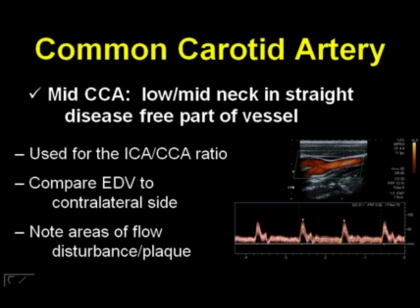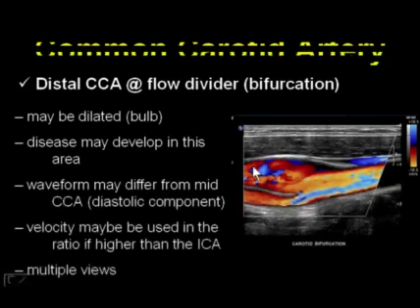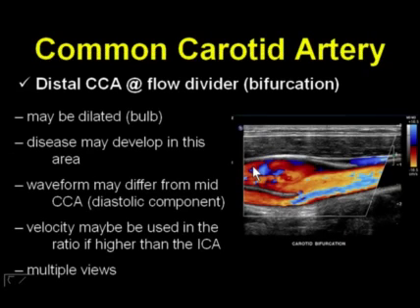If you note any areas of flow disturbance or plaque within the carotid artery system, anomalous waveforms, that really does require an explanation. And if you do see flow disturbance in the absence of having been able to detect a high velocity proximal to that, you really need to go back so you can explain that finding. In the absence of being able to explain that finding, you really need to qualify your report accordingly.